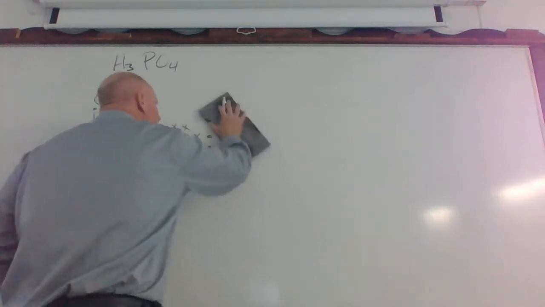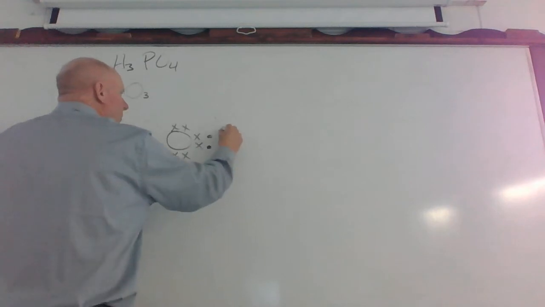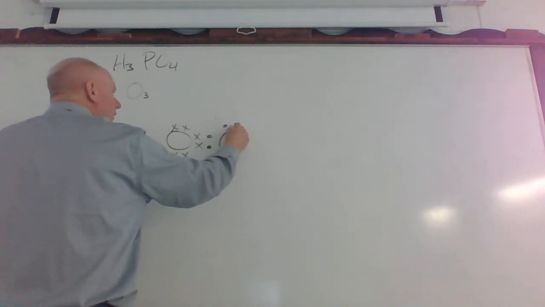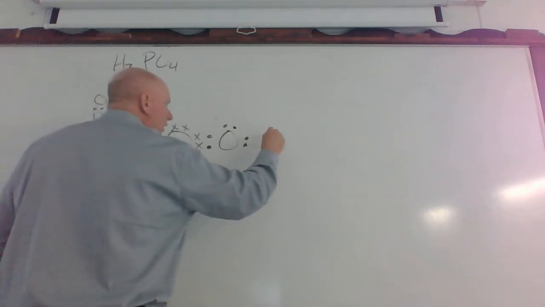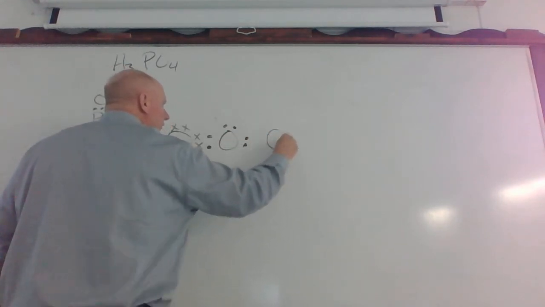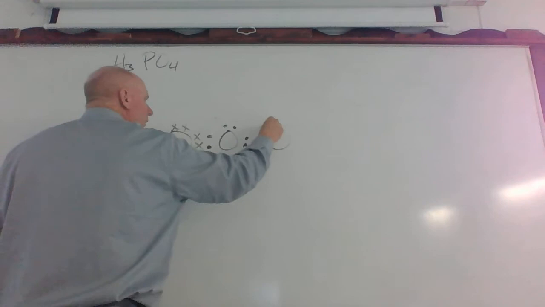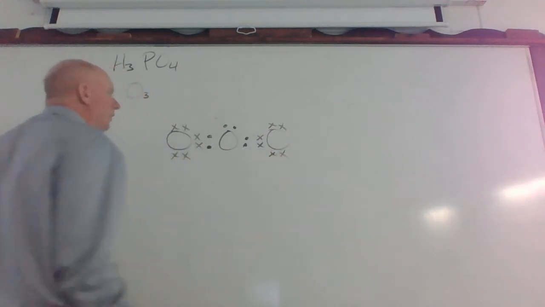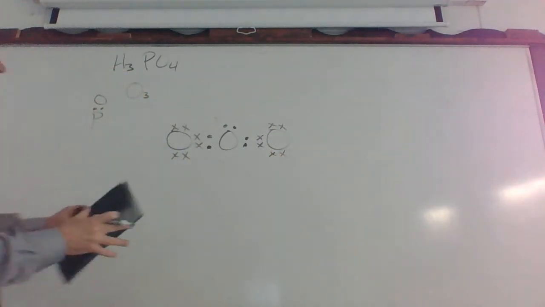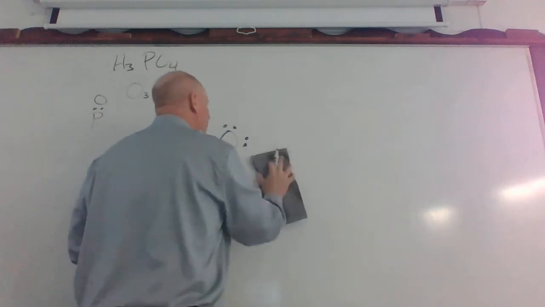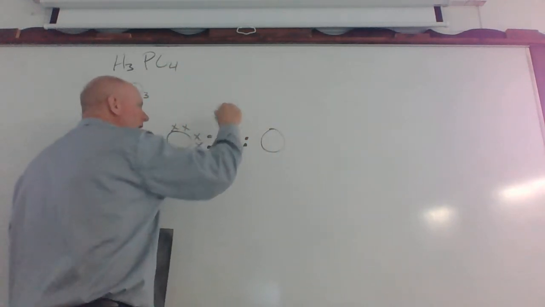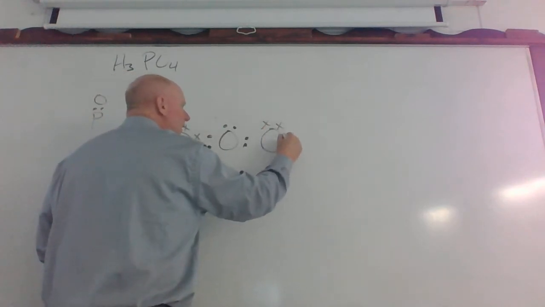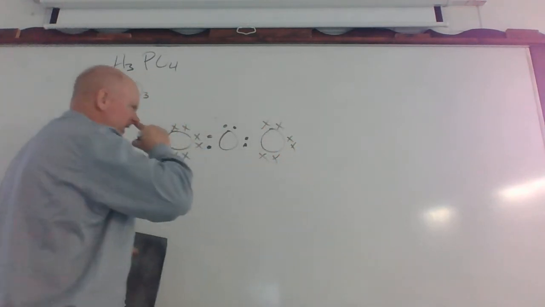Darn it. Okay, so this is still double bonded. That's right. This is what I meant to do. Okay, is create two double bonds. Oh, that's not right either, because that one's going to have 10. I had the right idea, I just put it on the wrong spot. That's what I meant to do.